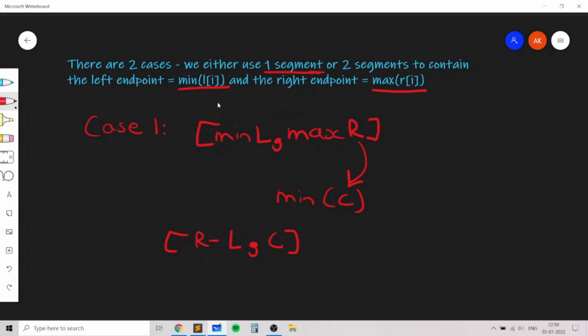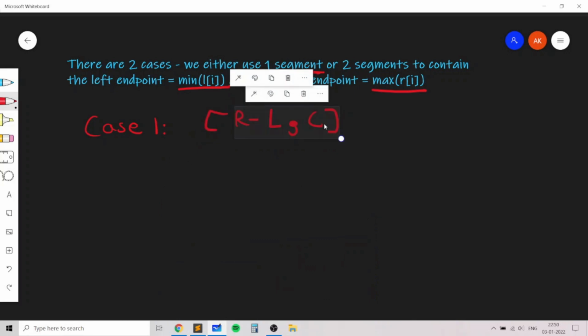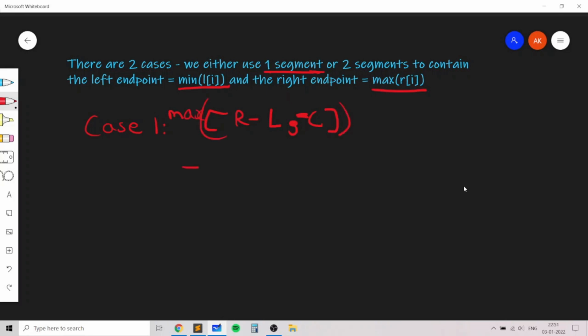And why does this help us? This helps us because if we store the maximum value of R minus L and if we store negative C as a pair, so this is where our pair comes in handy. If we store these two quantities in our pair, then doing the max of this will give us not only the maximum value of R minus L, it will also give us the minimum value of C. Why?